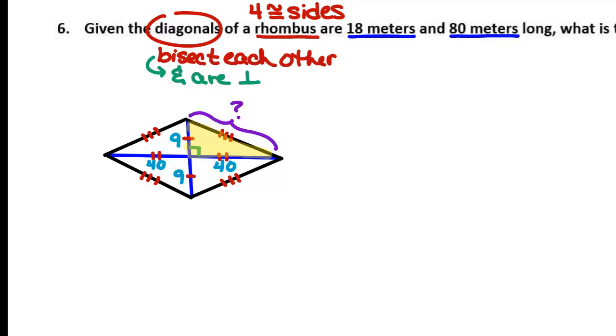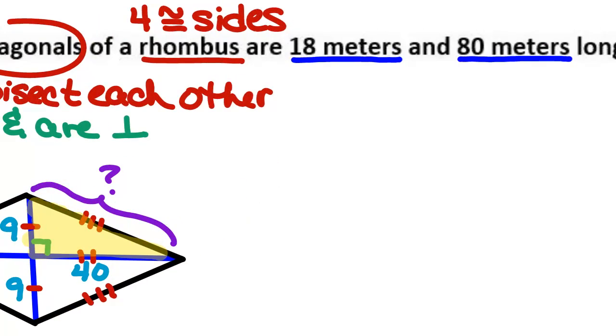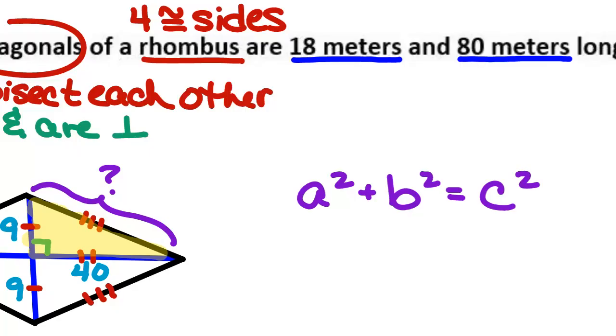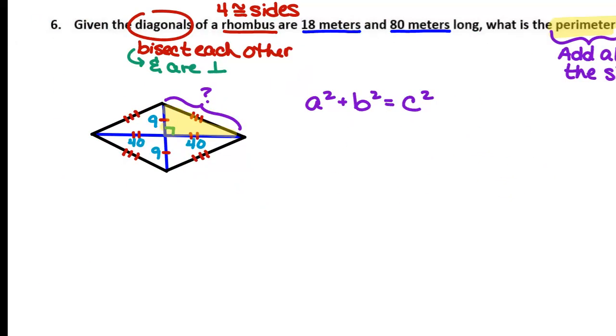How many sides of this right triangle do we know? We know 2 sides. We know one side is 9. And we know the other side is 40. We are going to do Pythagorean theorem. So let's do a squared plus b squared equals c squared. What part of the triangle does c have to be?